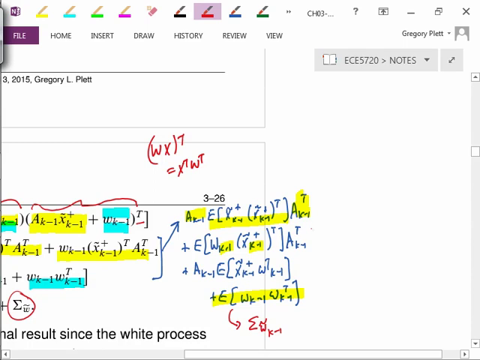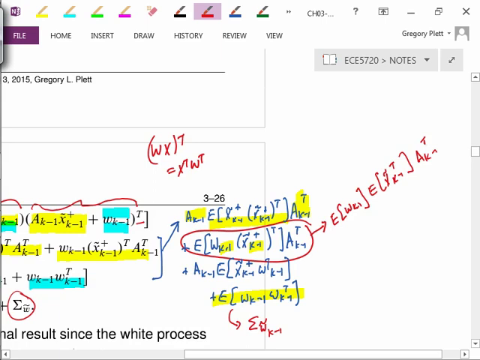So to take one of these terms right there, because they're uncorrelated, we can write the expectation of the product as a product of the expectation. That is not true in general. Linearity of expectation does not allow us to do that. It's the uncorrelation that allows us to do that. So this term becomes the expected value of w_{k-1} times the expected value of x̃_{k-1} transpose, all times A_{k-1} transpose.